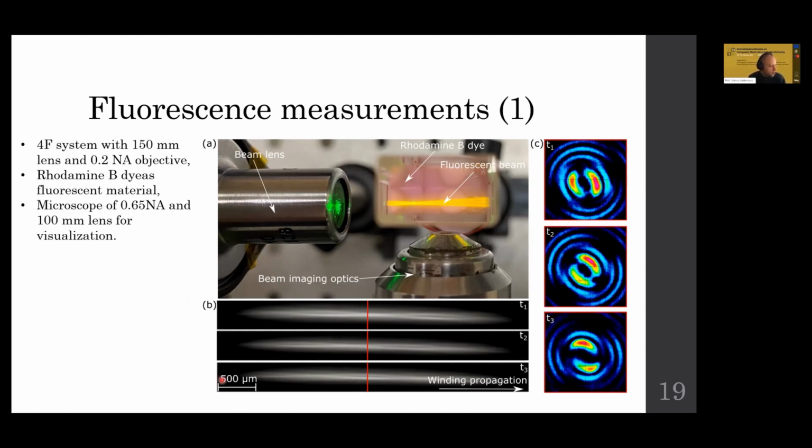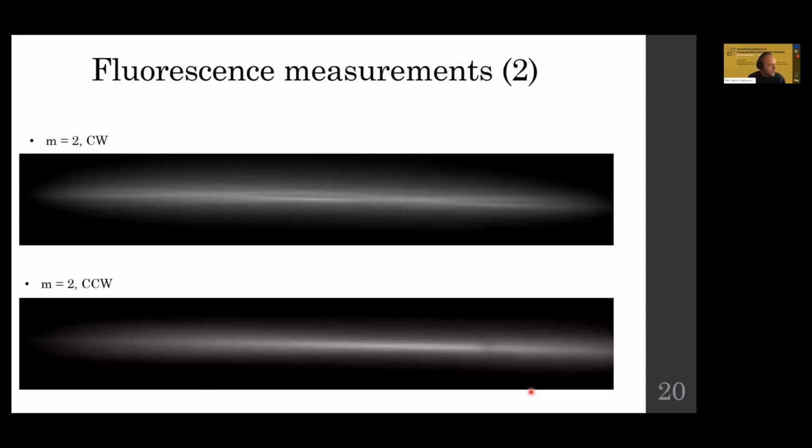So at the bottom here, we have 3 moments in time, T1, T2, T3, showing different 2 winding beam evolving as we are watching it. To be particular, here are 2 examples of clockwise rotation and counterclockwise rotation.